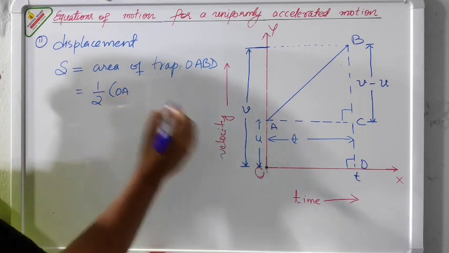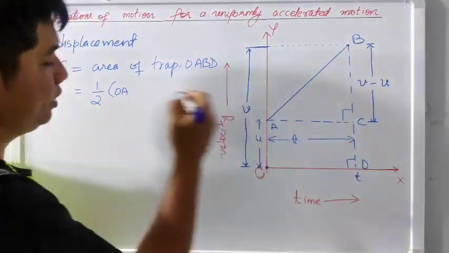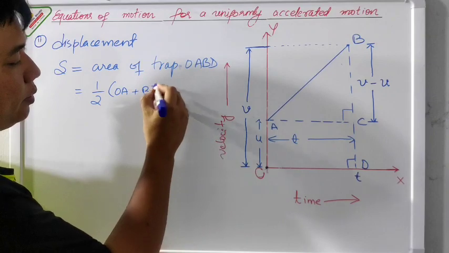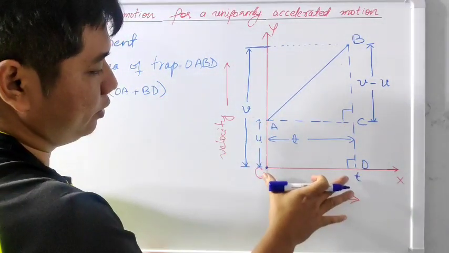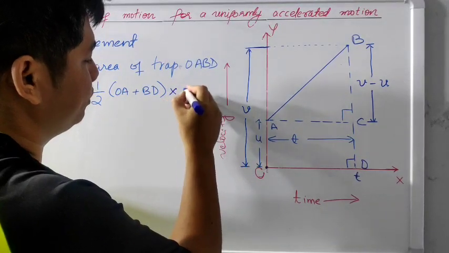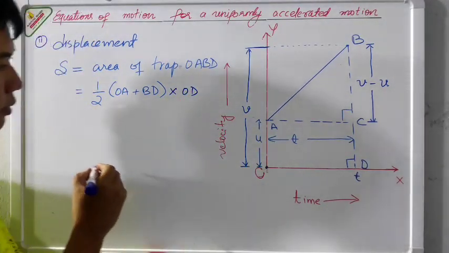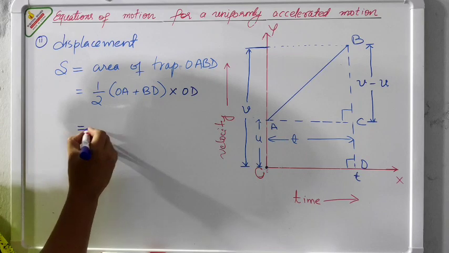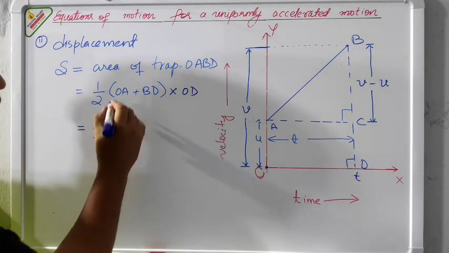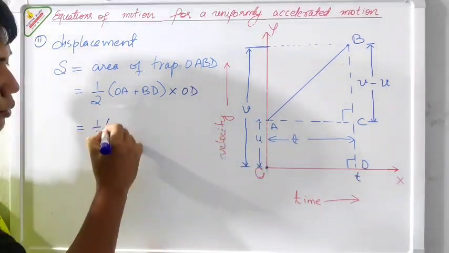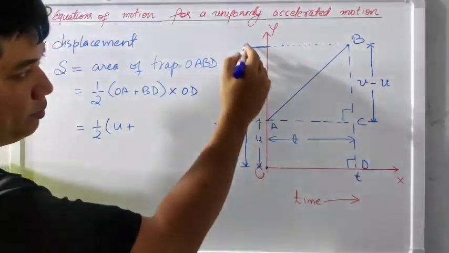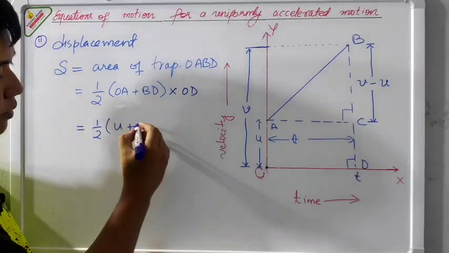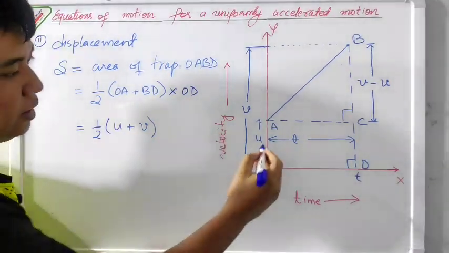Half into OA plus BD into the height or altitude, that is AC or OD. So, half into OA which is u plus BD which is v, and OD is t.